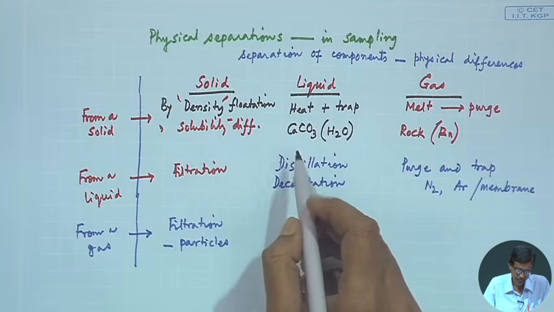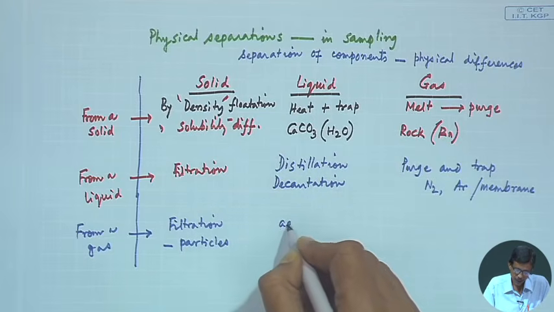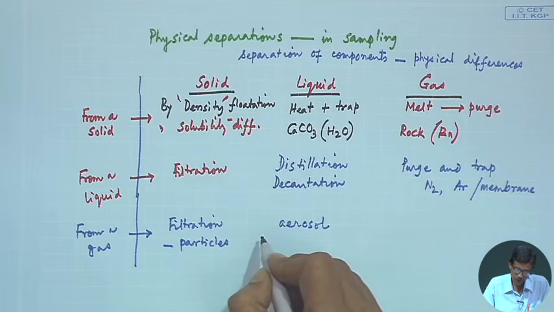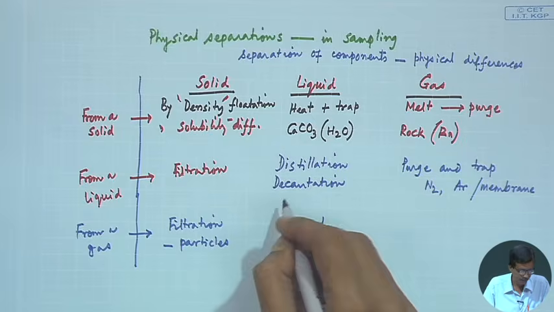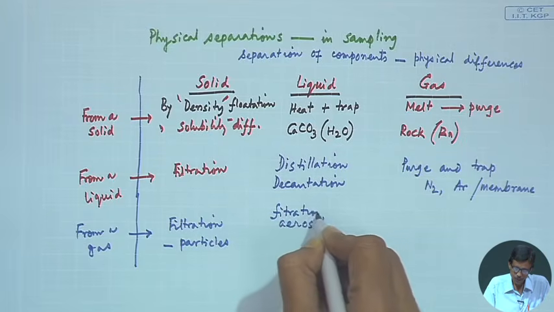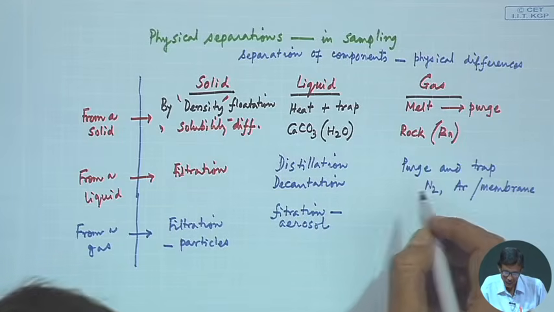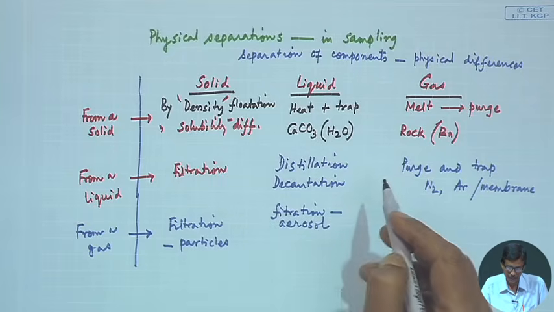And similarly, from gas liquid can be separated out, such as our aerosol separation. So, liquid aerosol can be removed by filtration, again a typical filtration technique. So, this is a very useful one. So, we will discuss in detail also about how filtration is useful for all these different complicated types of separations.